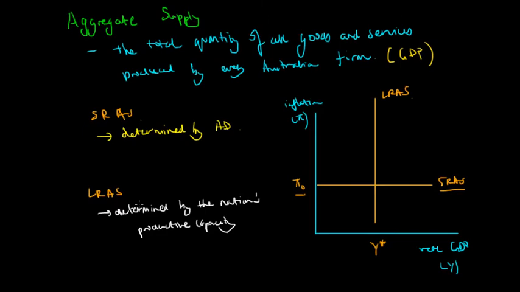Why is the inflation rate unchanged in the short run aggregate supply curve? It's because a short run aggregate supply curve is solely determined by aggregate demand. If aggregate demand is shifting to the left or to the right, the aggregate supply is determined by how much is demanded by consumers.